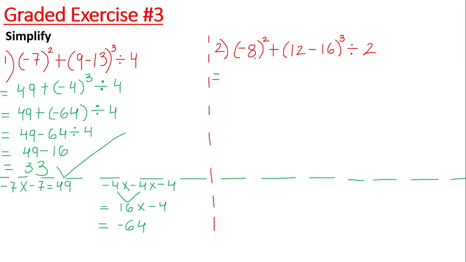Okay, so this is going to be quick because we are out of time. If you know it, this is going to be 64, since 8 times 8 is 64. Plus negative 4 cubed, divided by 2.